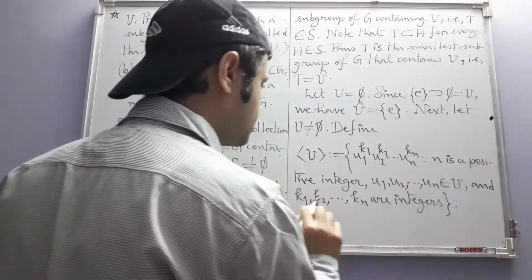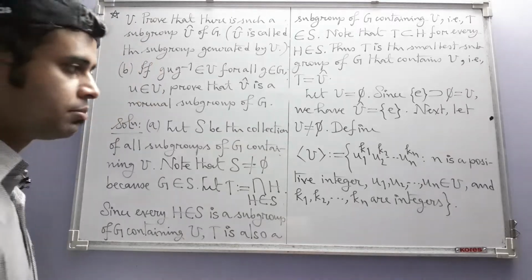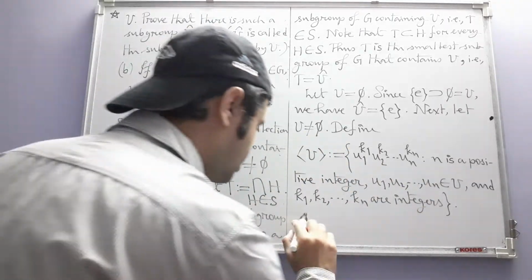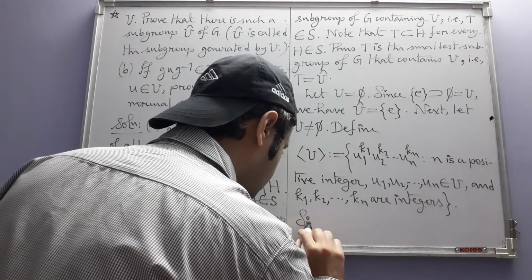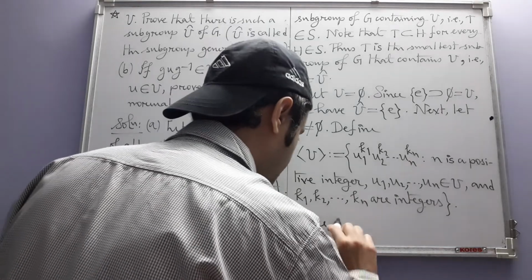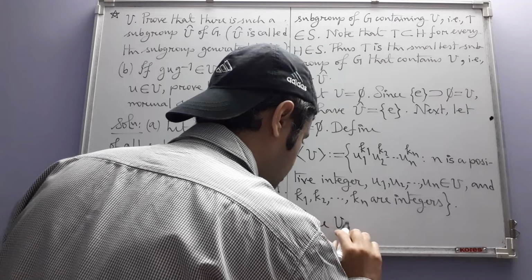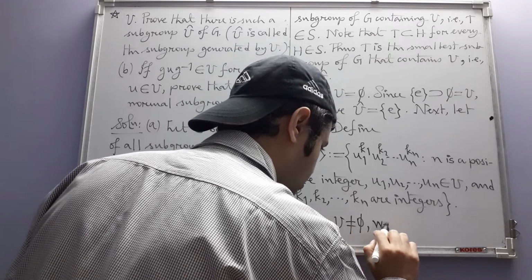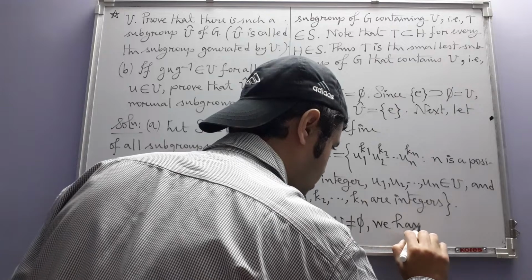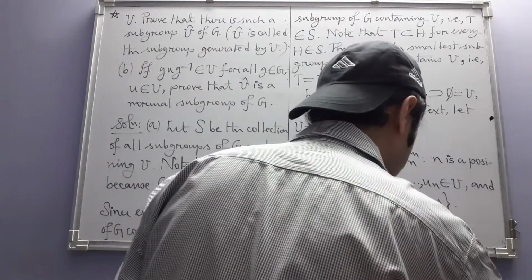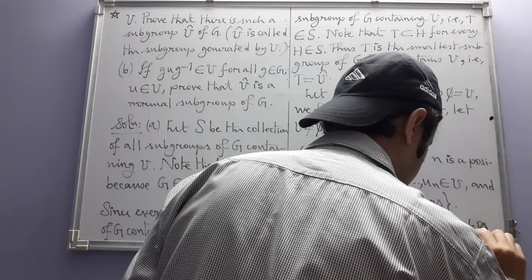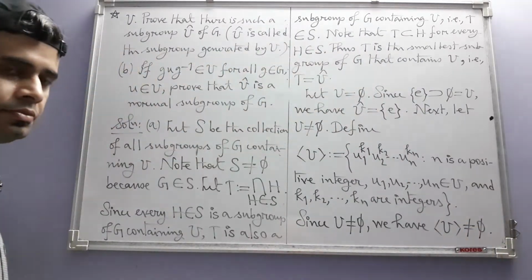Moreover, it is non-empty. Because why? Because U itself is non-empty. Since U is non-empty, we have this also to be non-empty.